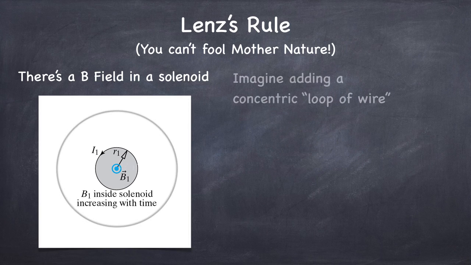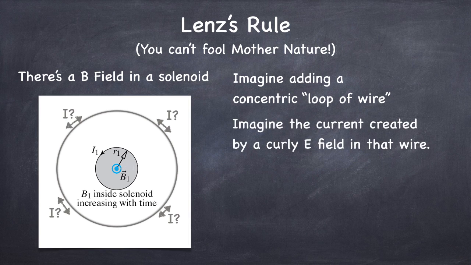I want you to imagine, this is not real, but imagine there is a loop of wire concentric with the solenoid, and the idea is we want to determine which way the current is going to flow in this imaginary wire that's concentric with the solenoid.